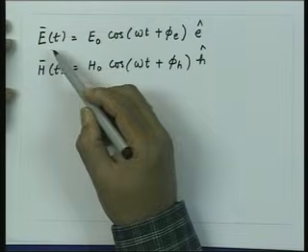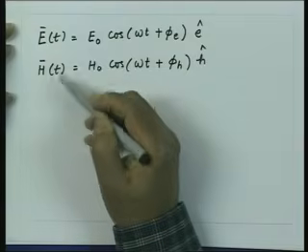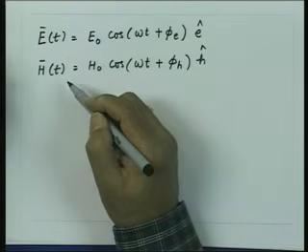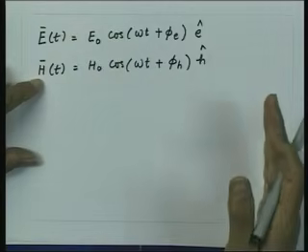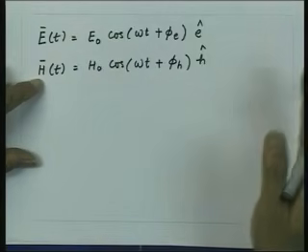Once we know these vector quantities at that instant of time t, then we can calculate the Poynting vector. That gives me the power density or power flow density at that instant t.